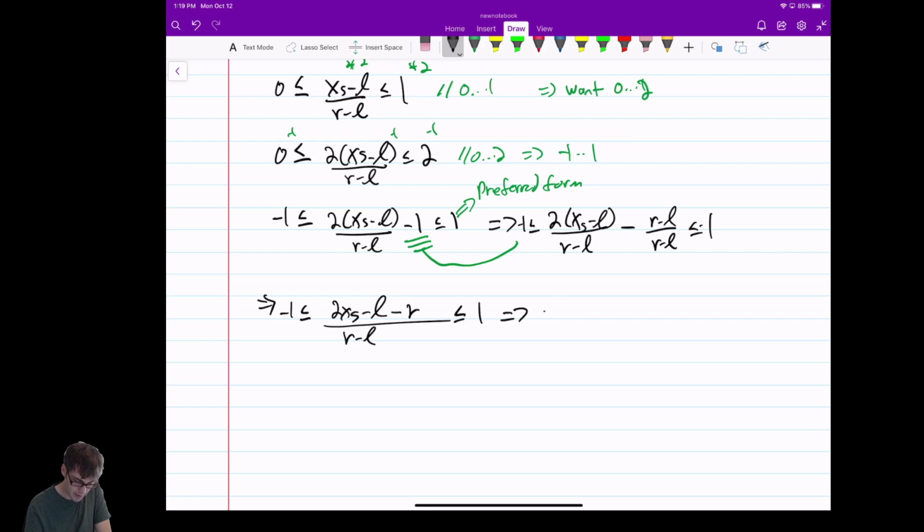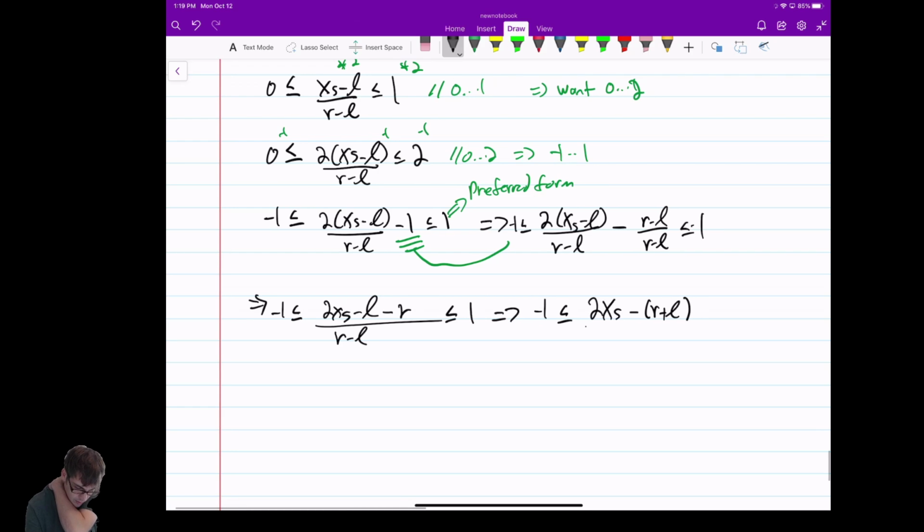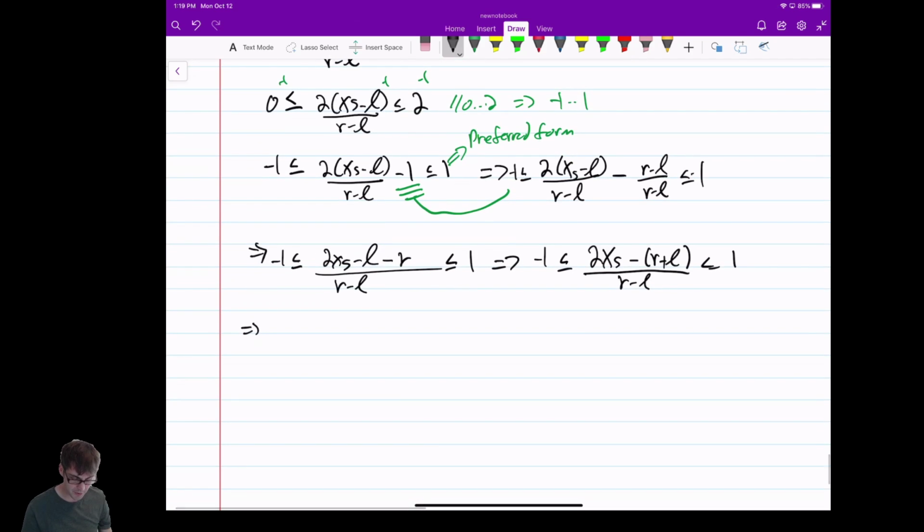And I can rewrite this as -1, R minus L... is there a mistake? It's an R plus L. Yeah, it's an R plus L, all over R minus L, which is less than or equal to 1. Whew. And this is the form that will help us get it easier into our matrix.